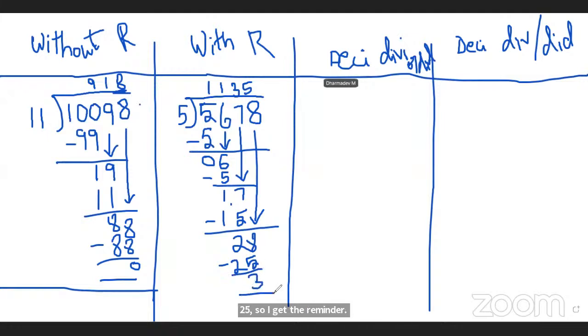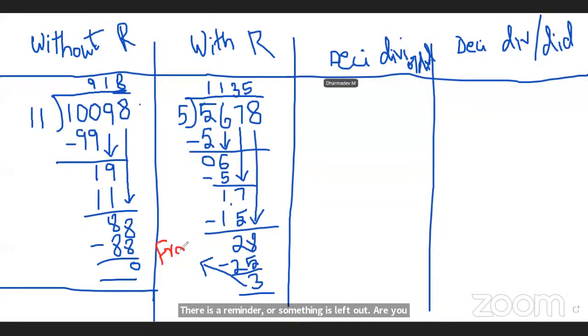Now, why I want you to stop till here is this is the place where you get introduced to a topic called fraction. Got it? This will lead from here into a topic called fraction. Fraction means something is left out in the division, or I can say there is a remainder, or something is left out. Are you clear with that?